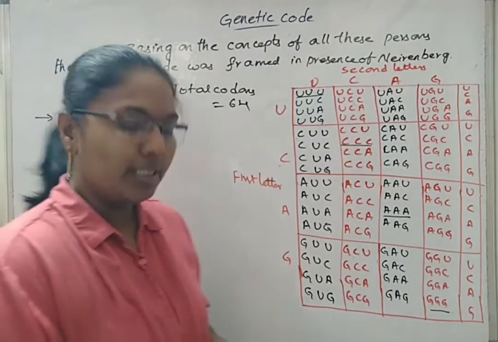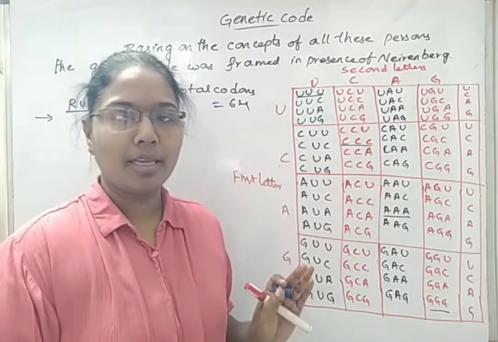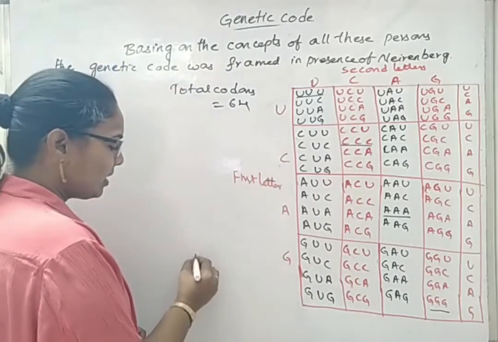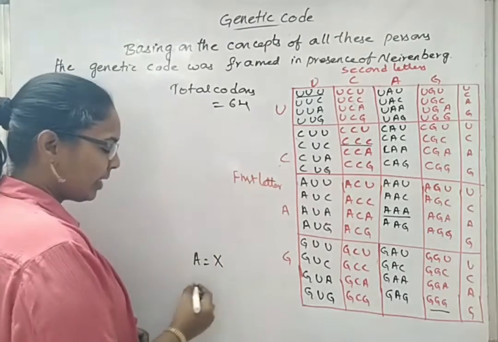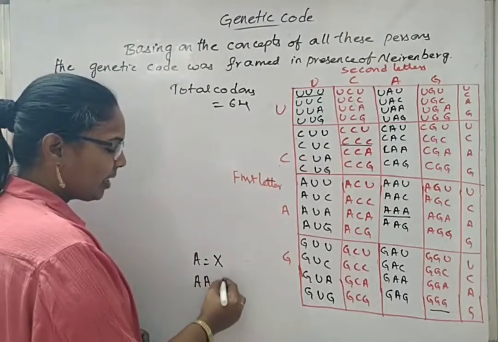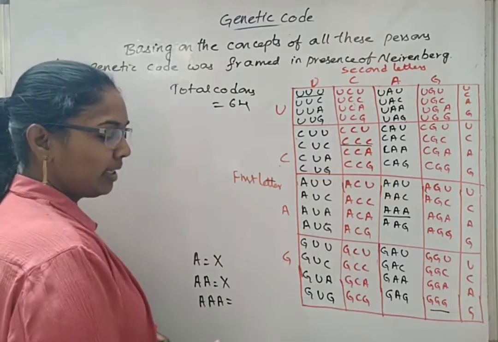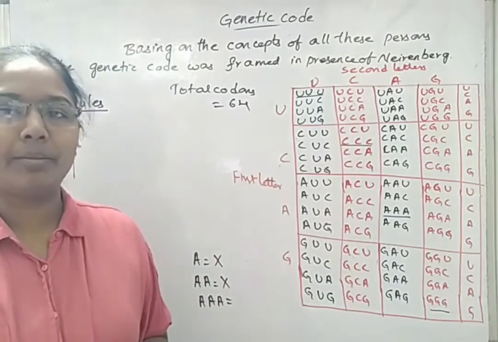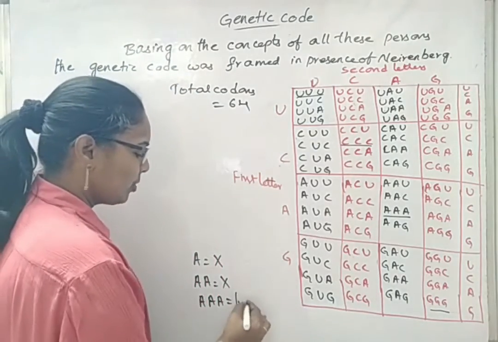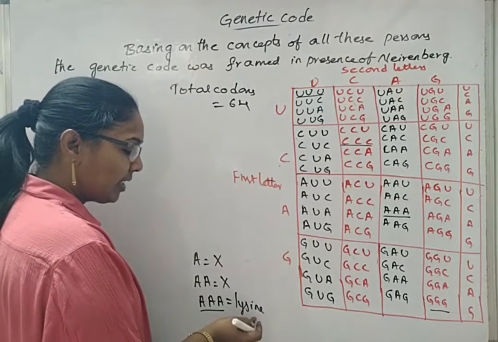So the first rule is that the codon is a triplet. Then only it is able to give out an amino acid. Suppose single nitrogen bases are taken for the experiment, it is not giving out any amino acid. Another combination is not giving either. But if another type was taken, like adenine, adenine, adenine, it is coding for lysine type of amino acid. So when 3 nitrogen bases are fused, then we are getting one amino acid.